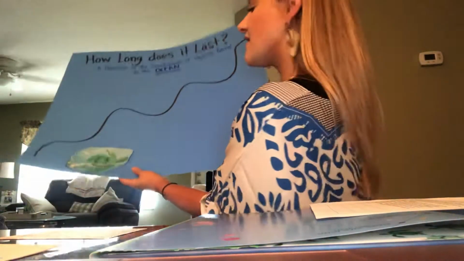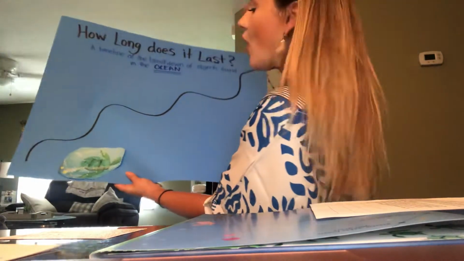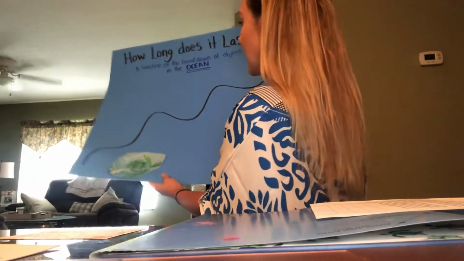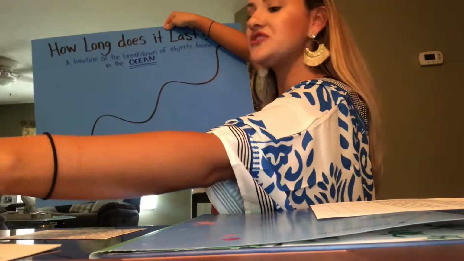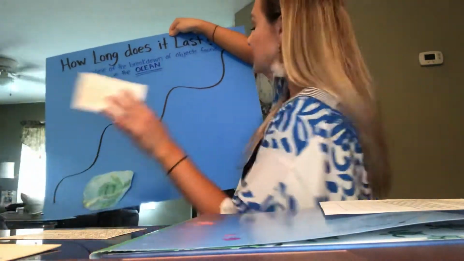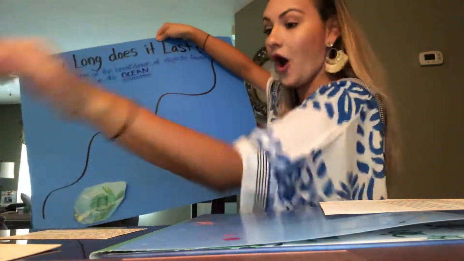Step number 3 is on a poster board, you're going to recreate that timeline. And you're going to use your tape and your glue to attach the time span cards and the object cards to the timeline. So I have the poster board here for you all, and I already drew the line. So now all you all need to do is pick an object with its matching time, and you're going to attach that to the correct place on the timeline.